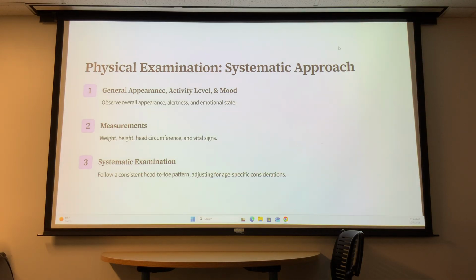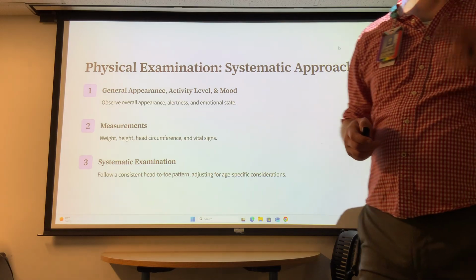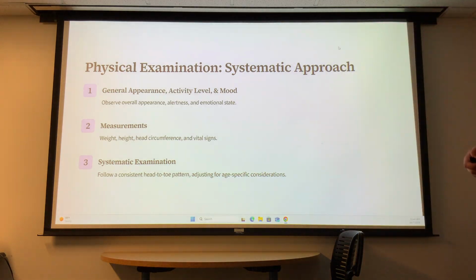Then we're going to look at their measurements. They're getting their height, their weight, their head circumference, all of those things, okay? And then we're going to go through and do our exam, adjusting for things that we want to do first in case the child gets upset. So auscultating is a good place to start, because once they get upset, is their head circumference going to change? Is their rash going to change?